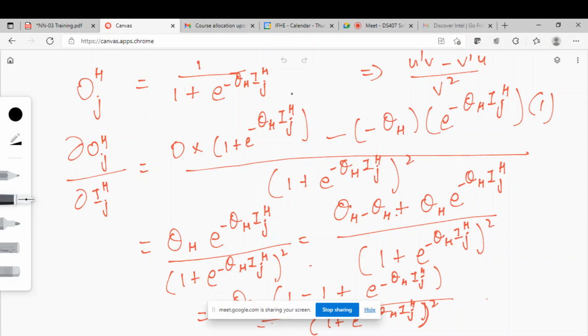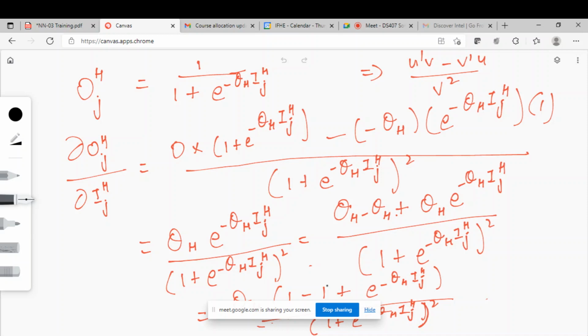So minus of minus theta h into e to the power minus theta h I_j^h; this term anyway becomes 0. Minus into minus becomes plus, so theta h into e to the power minus theta h I_j^h. But again, like how we discussed for the tanh function, we want to represent this in terms of itself. So we are adding and subtracting theta h, specifying theta h minus theta h.